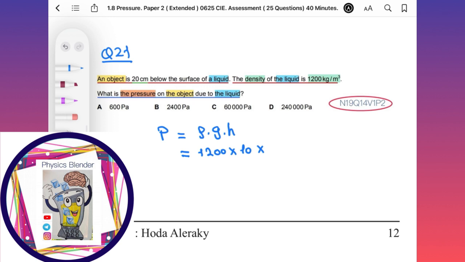Depth is 20 centimeters, so you have to convert centimeters to meters, times 10 to the power of negative 2. It's very simple here also without using a calculator. You can cancel out zeros here, 10 to the power of negative 2. So 12 times 2, 2400, which is B. So your answer is 2400 Pascal, B.